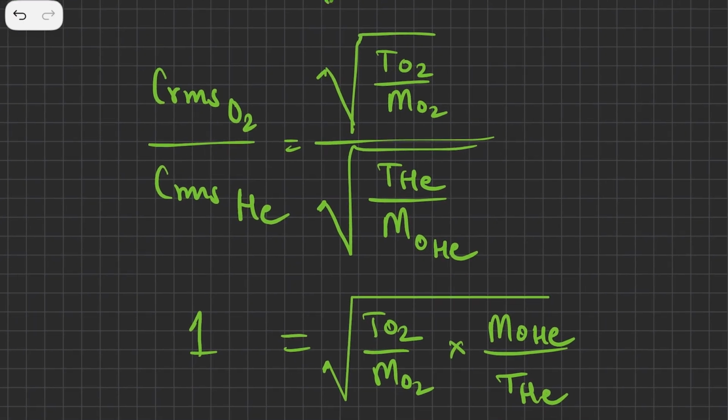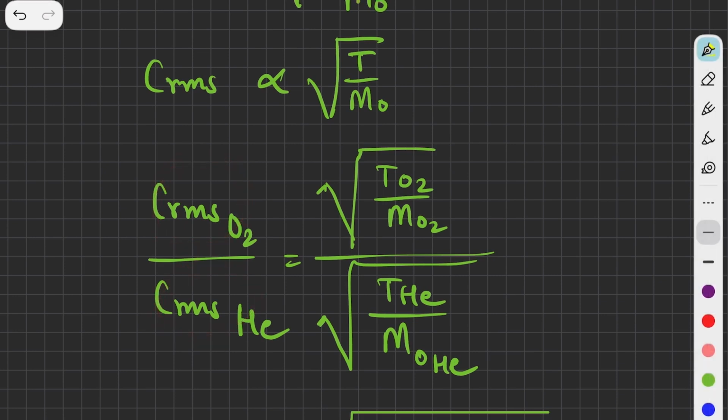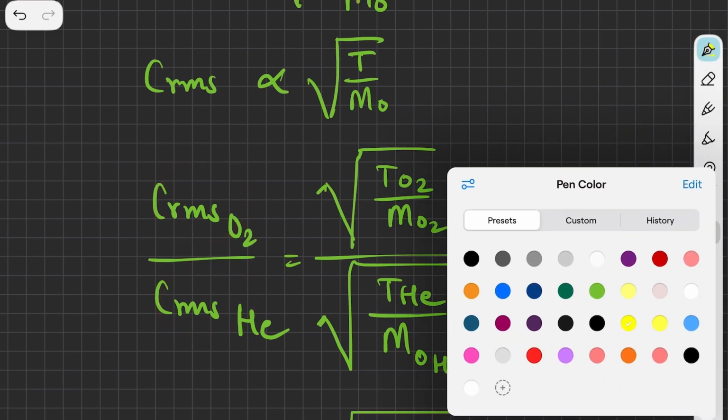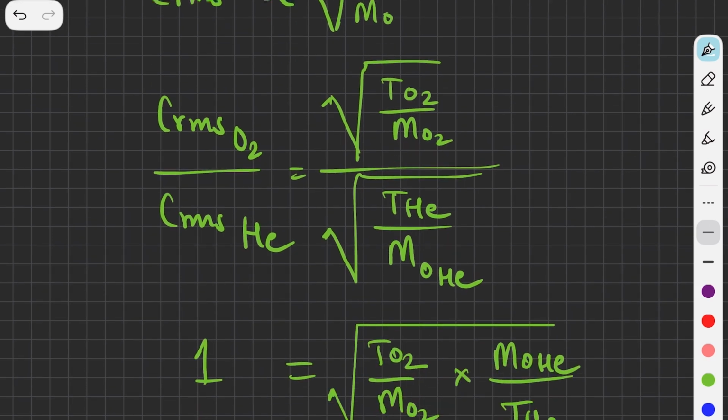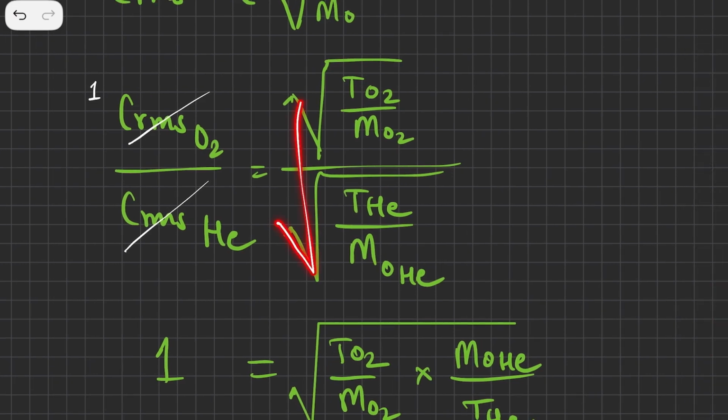Now because they have said that these two quantities are the same, I will cancel this out. So let me cancel this with white. So these two cancel out and what remains is 1. So 1 is left. Now I can take this square root under a single radical sign. This is called a radical sign, and we can just take that into a single root.